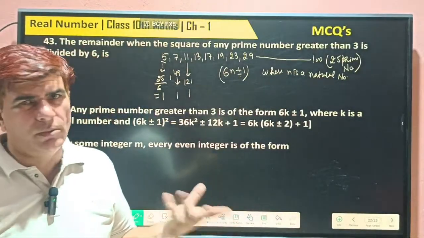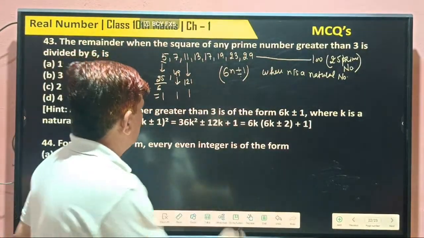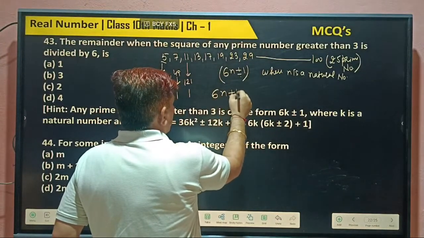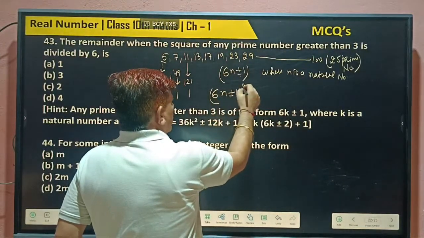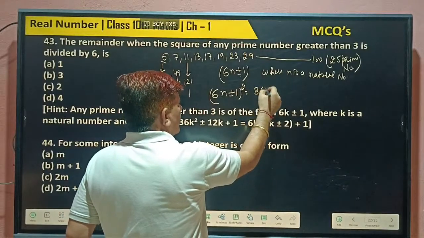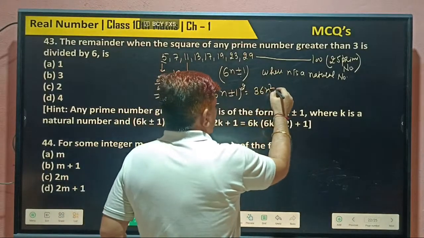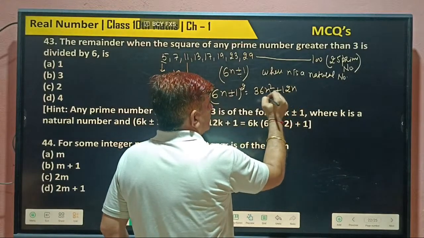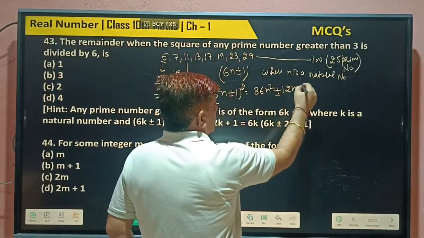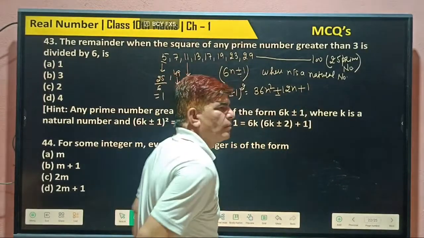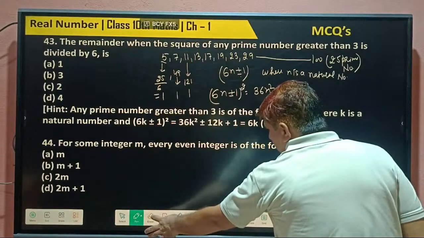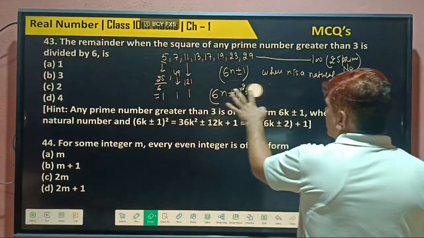If you understood this, the remaining you can also understand. So we write the square of 6n plus minus 1, squared, which is 36n square plus minus 12n plus 1. I can tell you clearly if you have not understood.